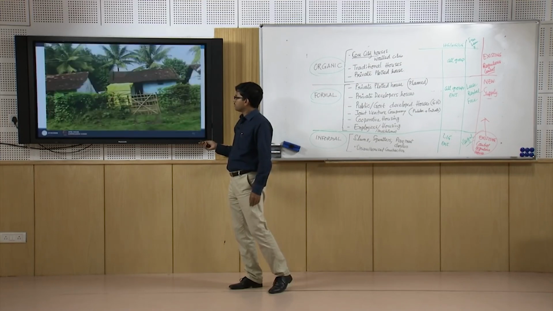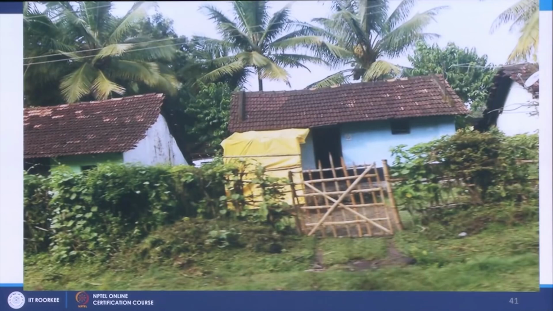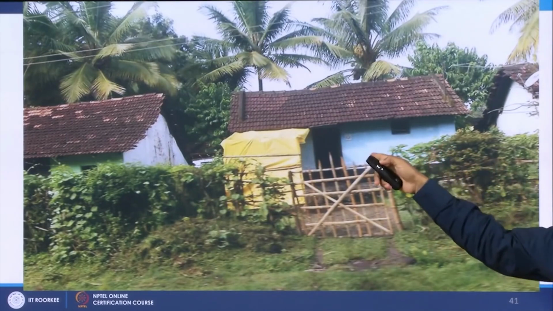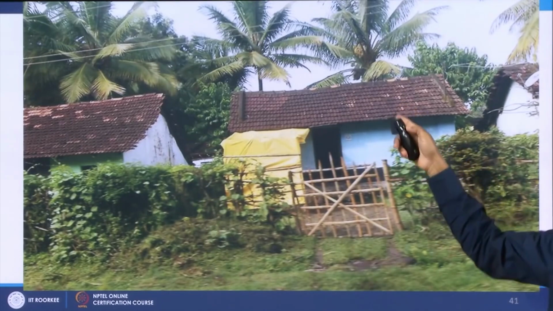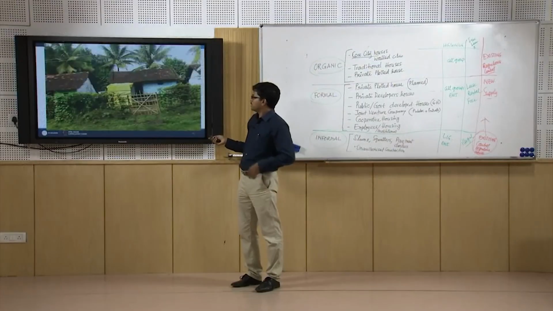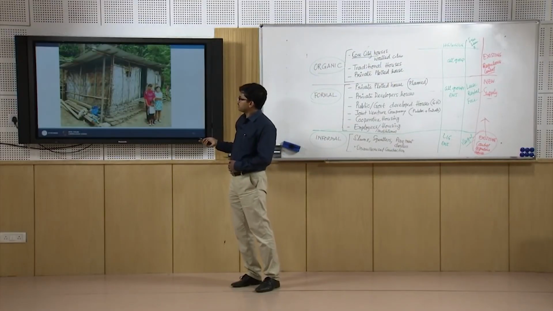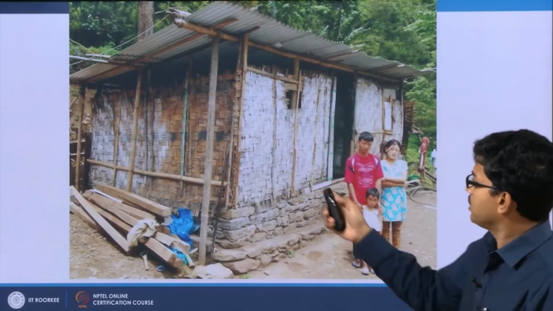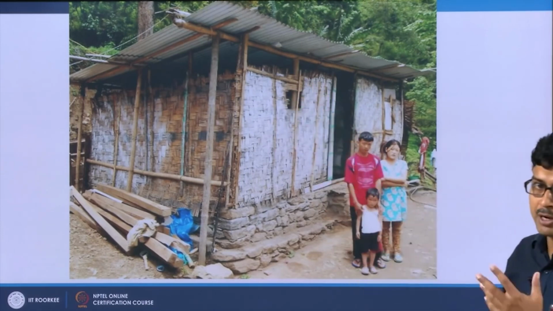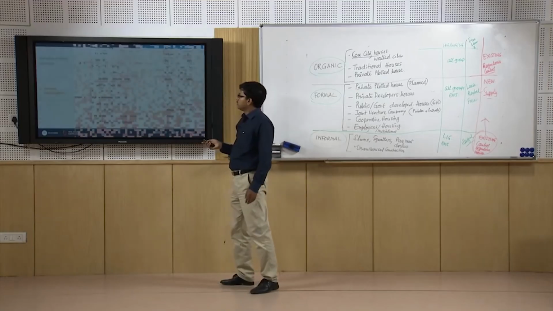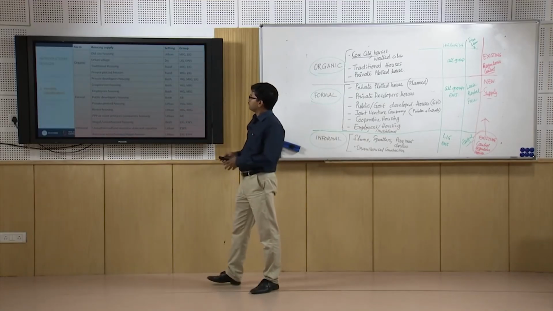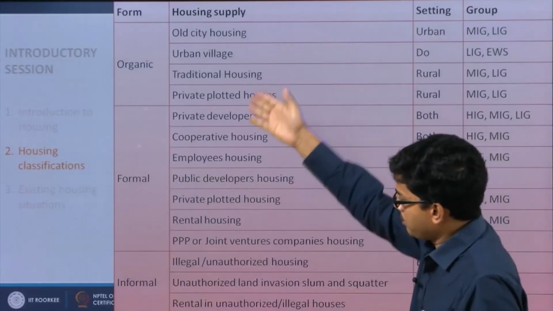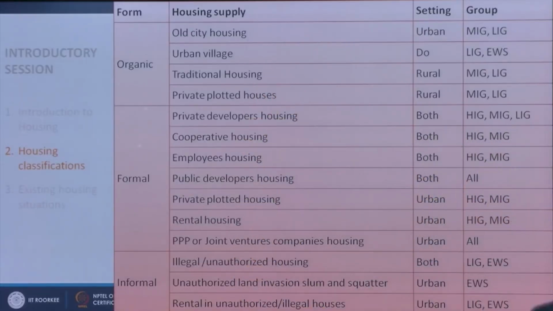These are some examples of a semi-pakka house. The wall is pakka and the roof is basically temporary or kacha material. This is a fully kacha structure, where you can see the wall and the roof are all made of temporary material. So, you can see all the types of housing based on origin or supply.